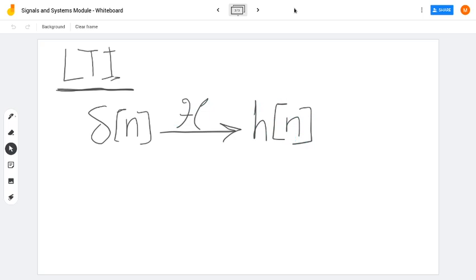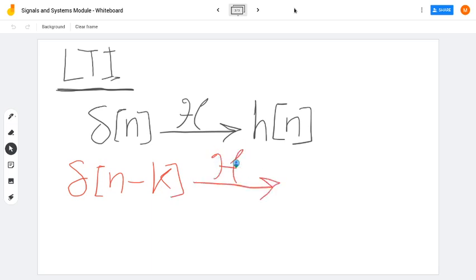And since the system is time invariant, a shifted impulse delta of n minus k applied to the system will give us a shifted impulse response, h of n minus k.